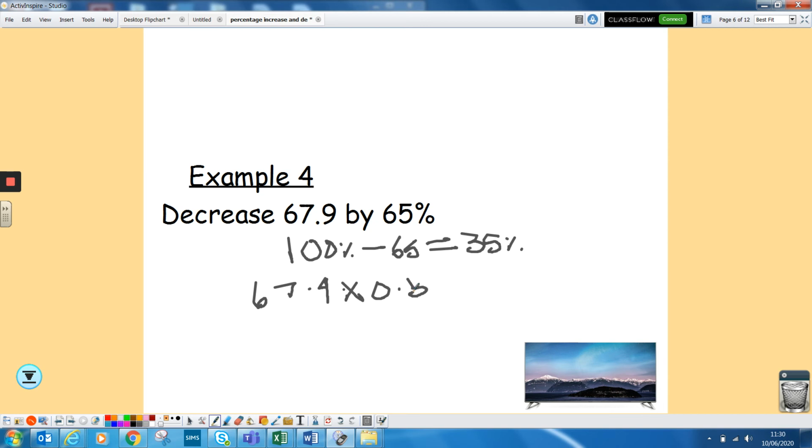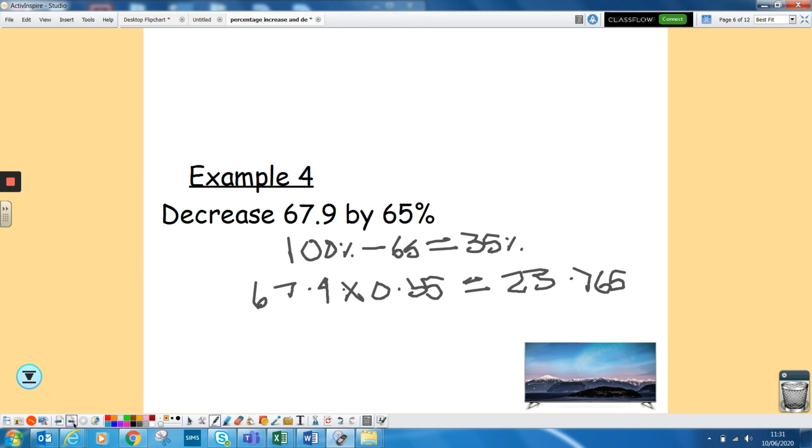Remember, 35% as a decimal. 67.9 times 0.35 gives you 23.765. Sorry, this pen doesn't like me doing threes. And there you go. That's your answer. It's been decreased.